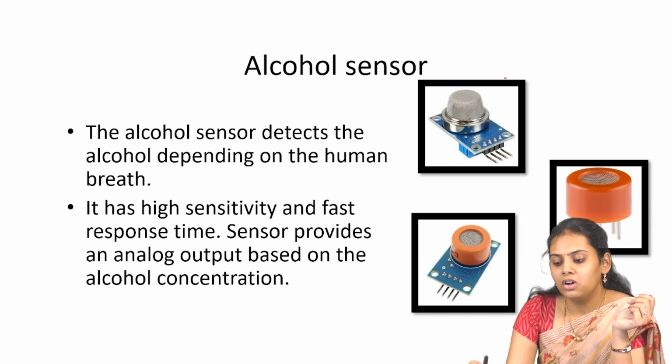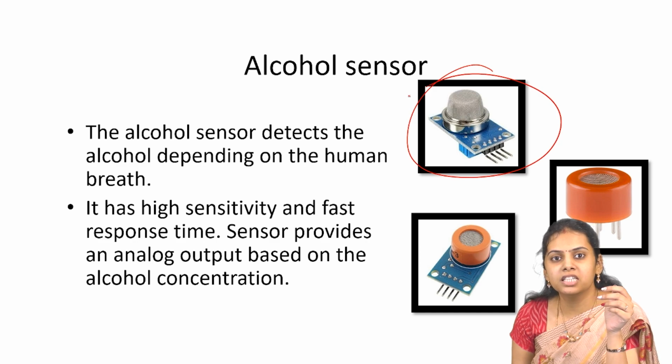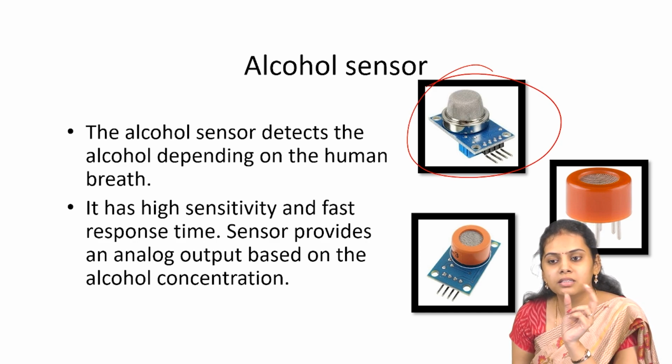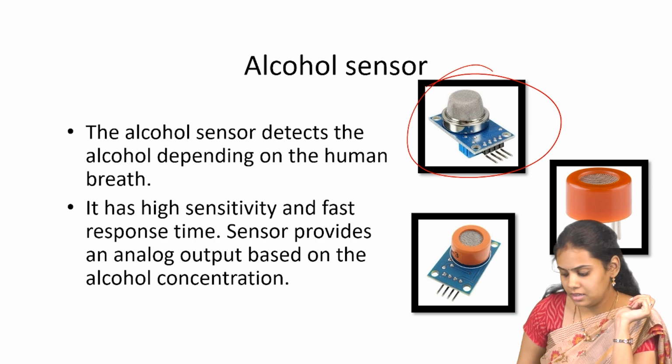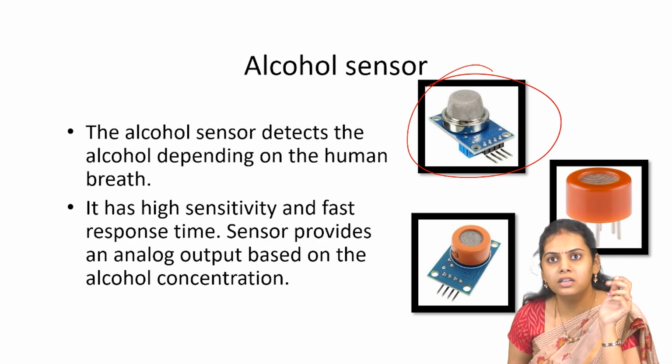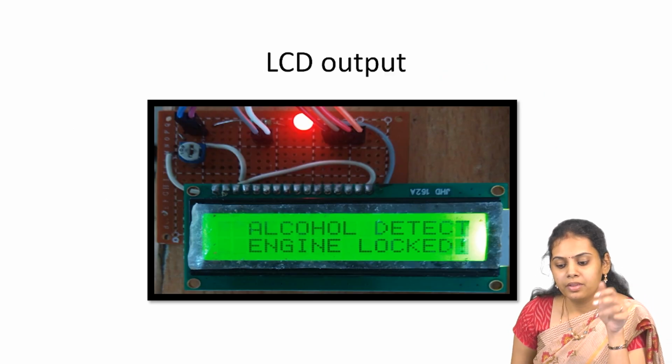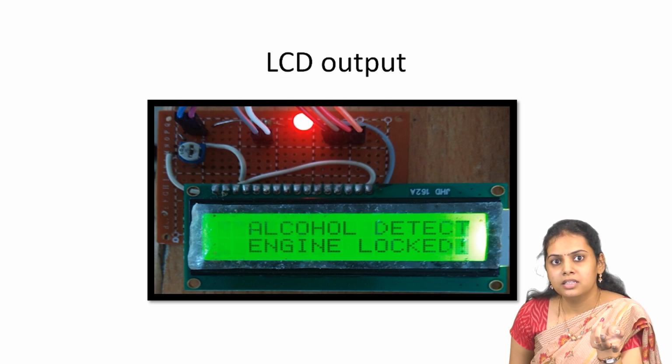Again, this is the alcohol sensor which detects the alcohol content. When the person is drunken, through the breath it will detect whether the person has taken alcohol or not. When it sends the signal, this is the LCD output for display purposes.